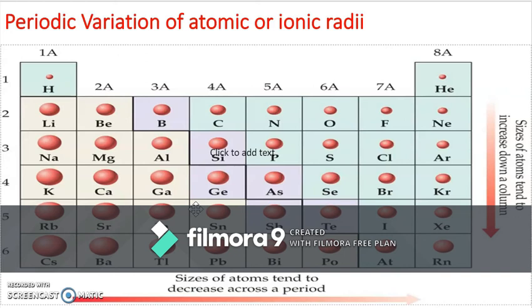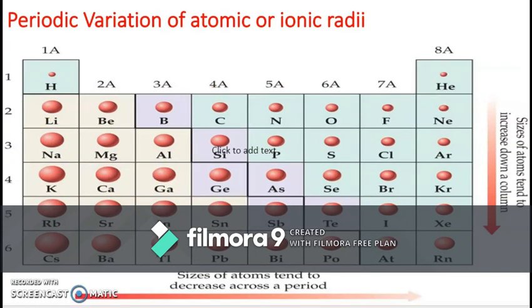Out of the two effects, the addition of extra shells and nuclear charge, the first effect, that is the decreased electrostatic attraction between the nucleus and valence shell electrons due to the considerable increase in distance between the outermost shell and the nucleus, plays the dominant role and lessens the effect of increasing nuclear charge.